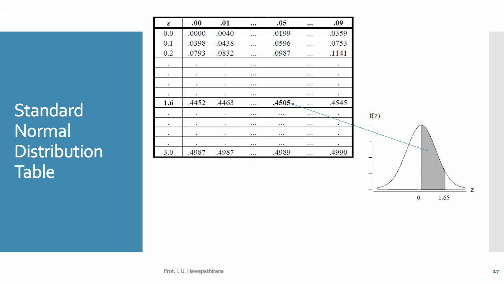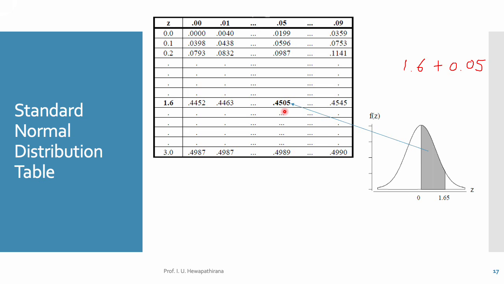So let's say I want to calculate the probability of z being greater than 0 and less than 1.65. This value of 1.65 can be written as 1.6 plus 0.05, right? So what I can do is I can locate 1.6 under the column labeled Z, and then I can move to the right until I meet the 0.05 column.